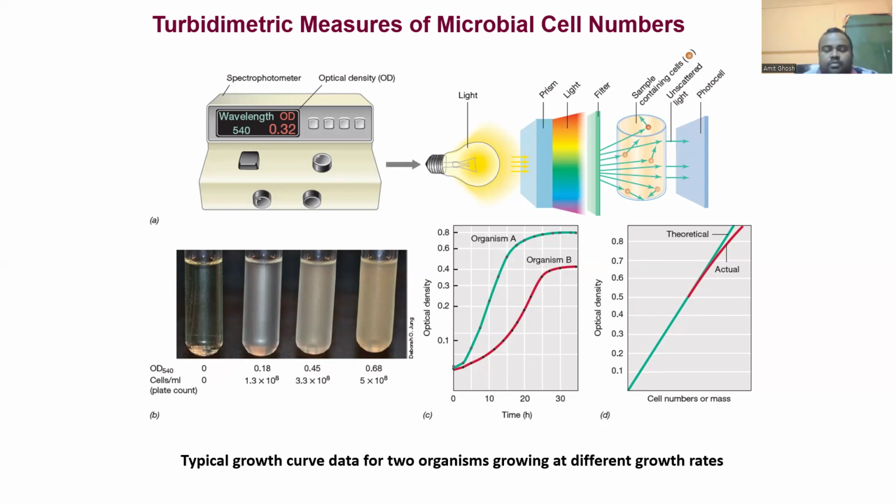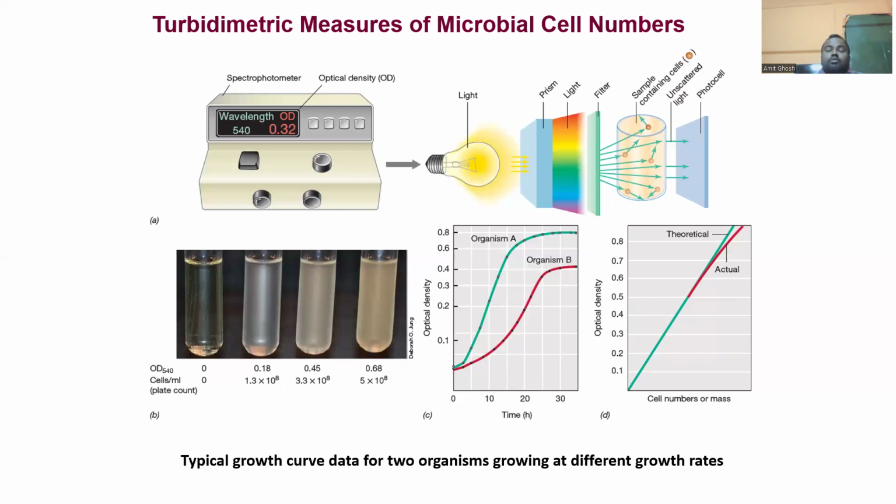So this is the procedure by which you can measure the microbial cell number from turbidity. We will learn next how you can count the colony forming unit or bacterial cell number at a particular time period, corresponding to optical density, and that will be reflected in a curve, called the growth curve, a typical growth curve.